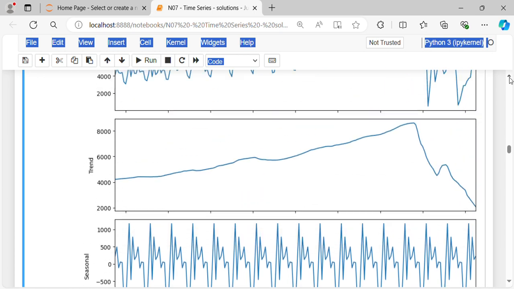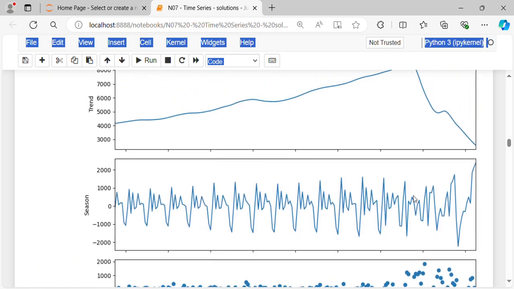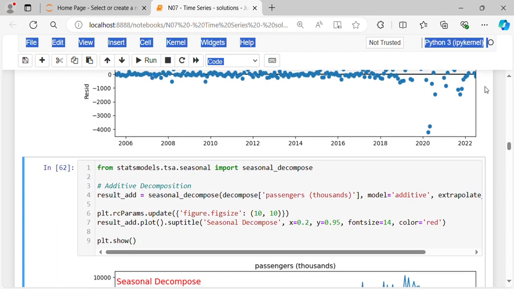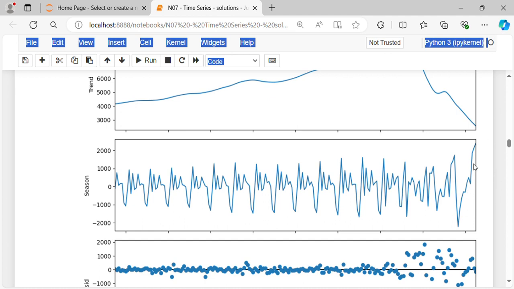So the key difference, if we look at the seasonal pattern, the STL decomposition gave us that after about 2021, it showed a bit of different seasonal variation over here.